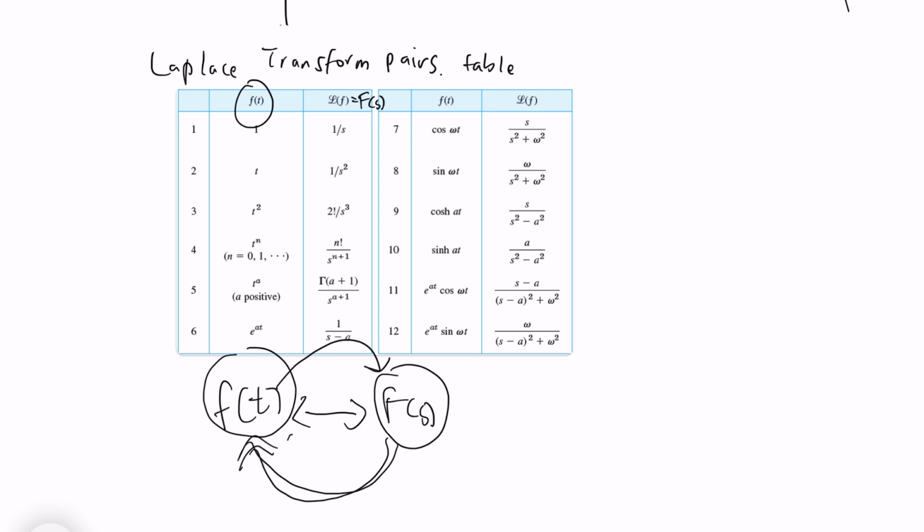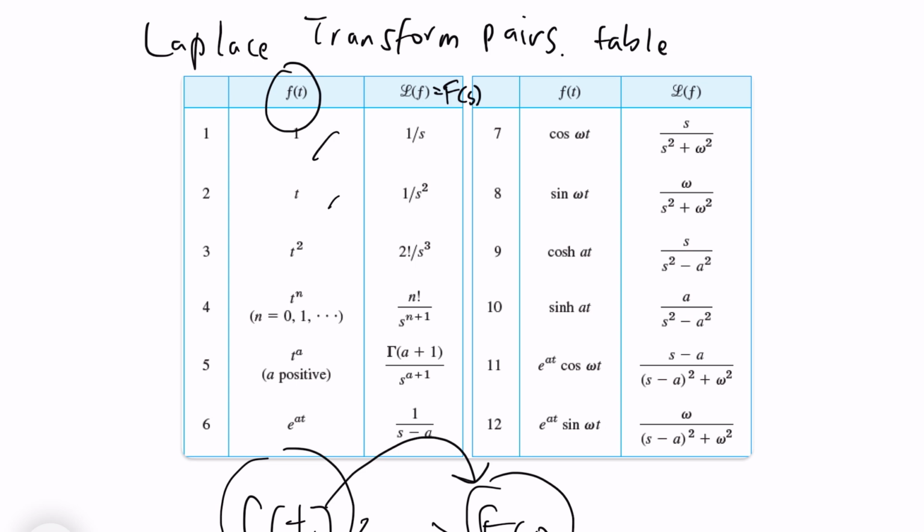We will show you a step-by-step guide on how to use this Laplace transform table. Step one is to identify the form of the given function, whether it is a basic function like 1 or t to the power of 2, or something more complicated. Step two, you need to find the corresponding entry in the Laplace transform table.